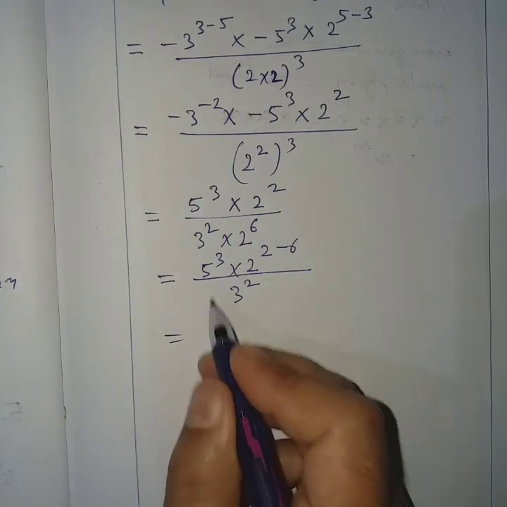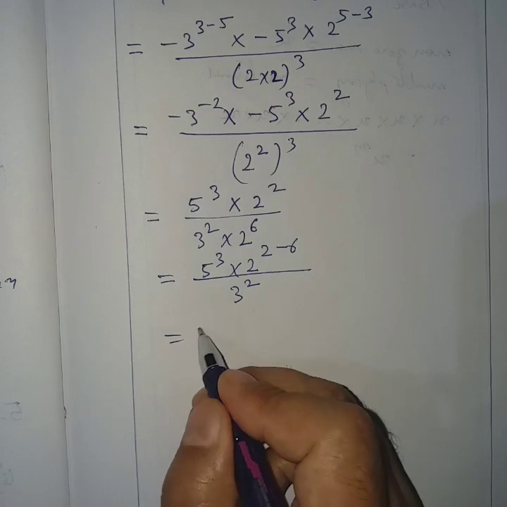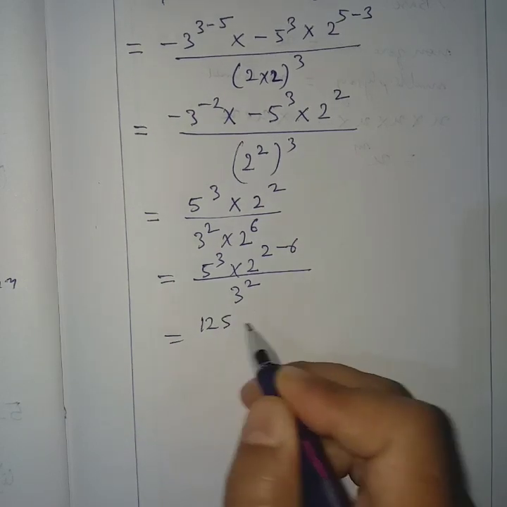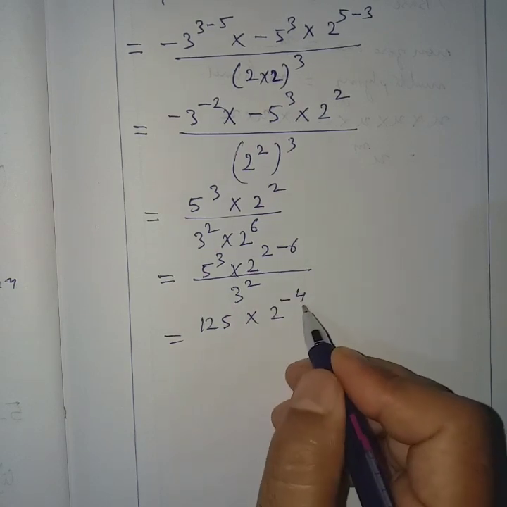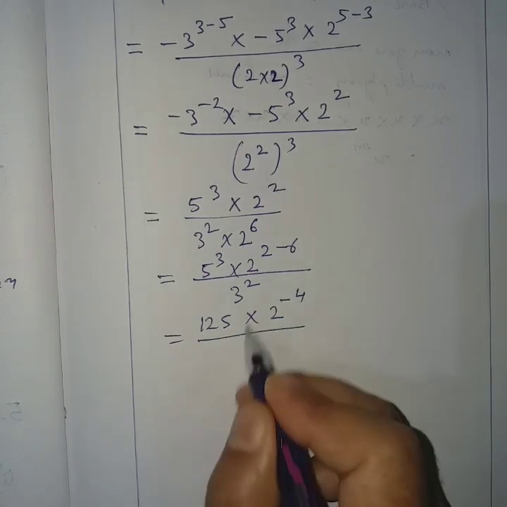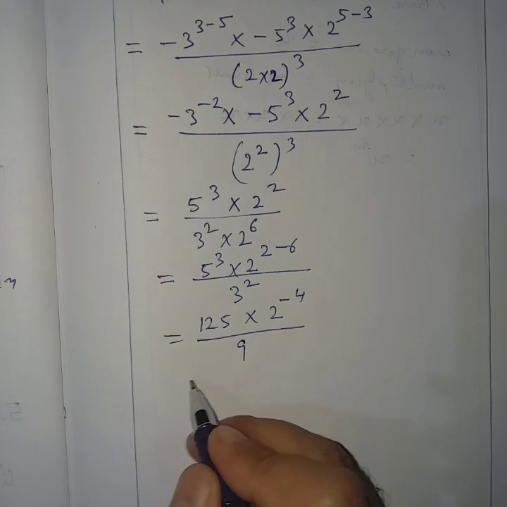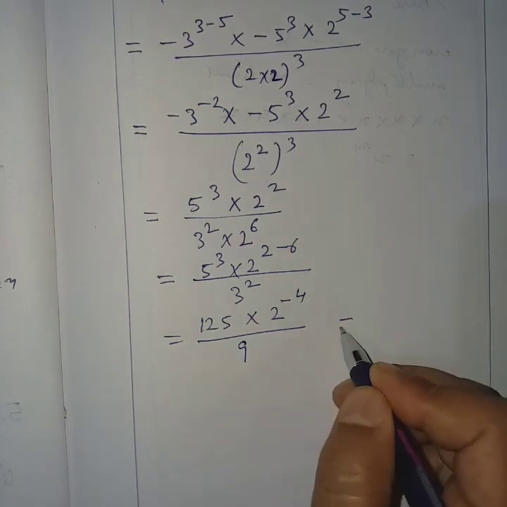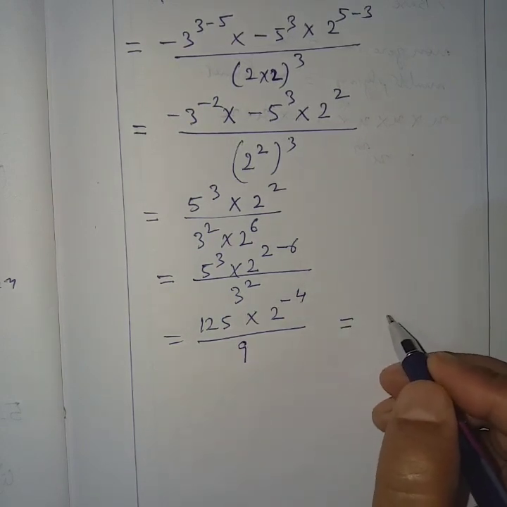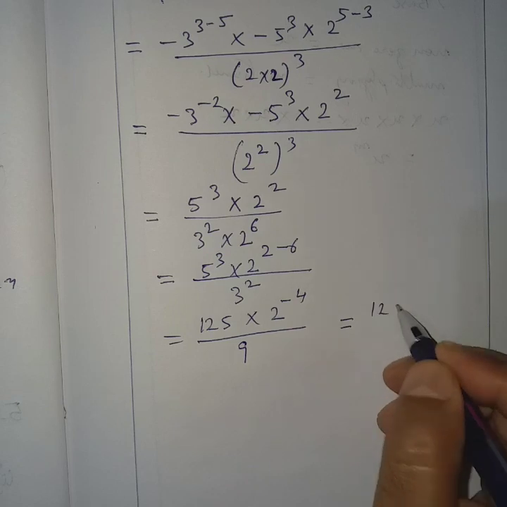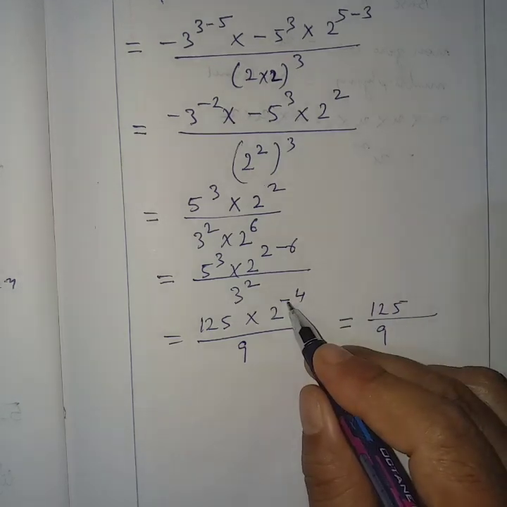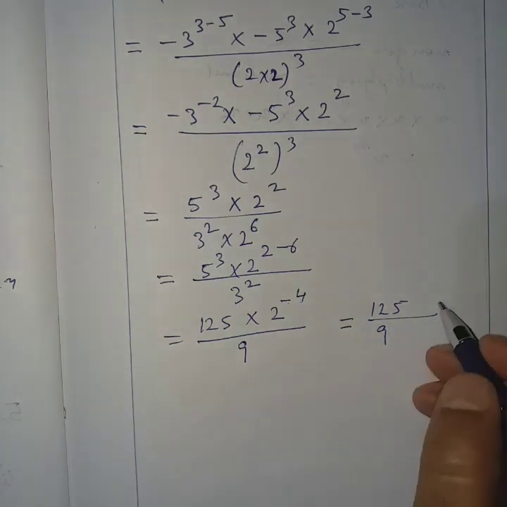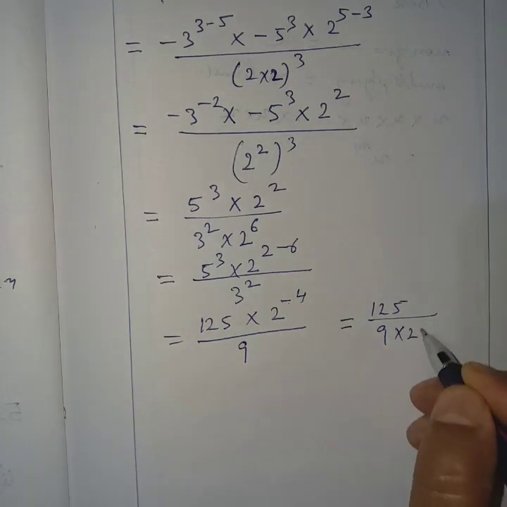Here 5 cube means 5 into 5 into 5, that is 125, into 2 to the power minus 4, since 2 minus 6 is minus 4, and 3 square is 9. So 125 by 9, and to remove the minus we write 2 to the power 4 in the denominator.